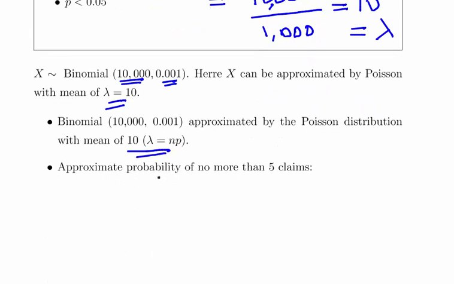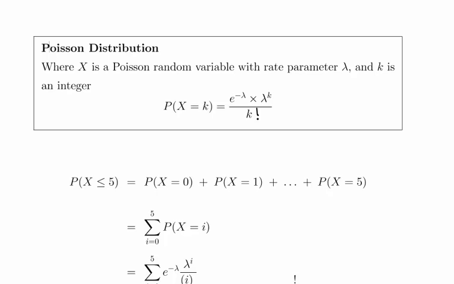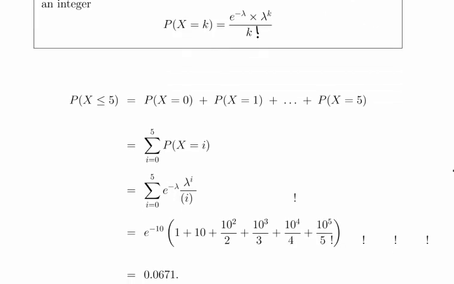So essentially what we have to do is approximate the probability of no more than 5 claims. To do that, we are going to use the Poisson mass function. Some of my numbers are coming out a little bit funny. Anyway, k factorial is what that should read there. So my factorial signs are a little bit messed up. We have to use it 6 times. We're not using tables here. If you have tables, great, but we're going to work it out from scratch.